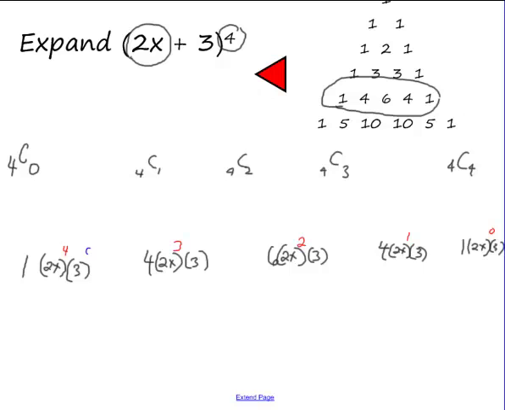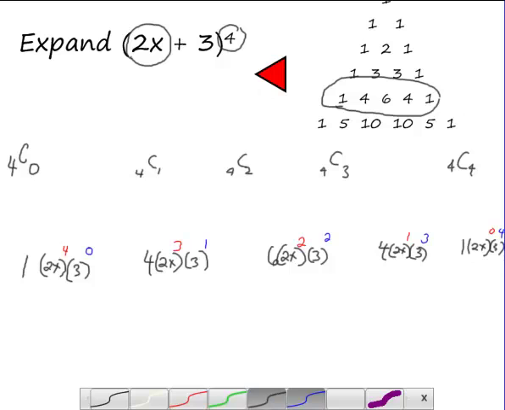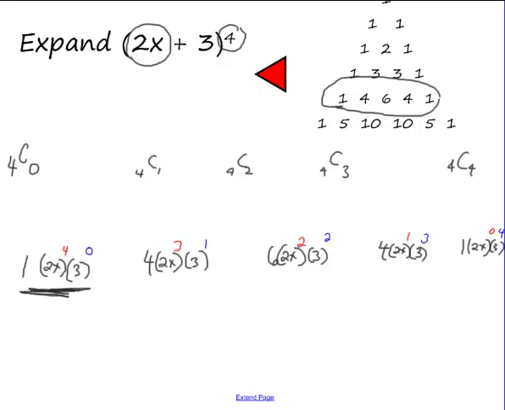So this would have to be 0, 1, 2, 3, 4. Now the rest is math. Just figure this all out. 2x to the 4th power is 2 to the 4th, which is 16, x to the 4th. And then done.